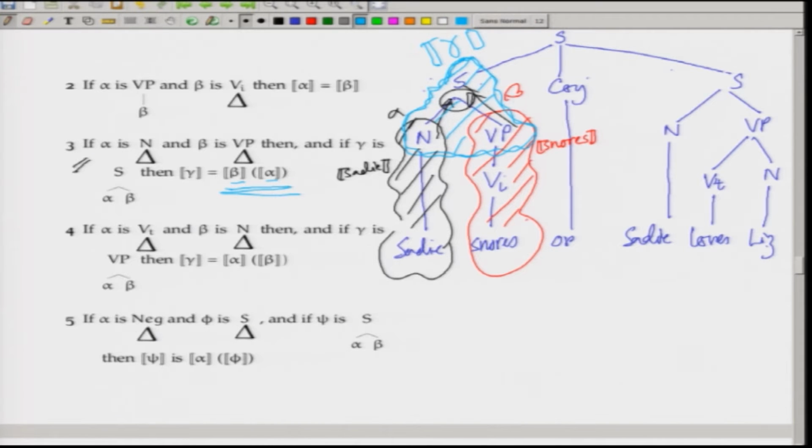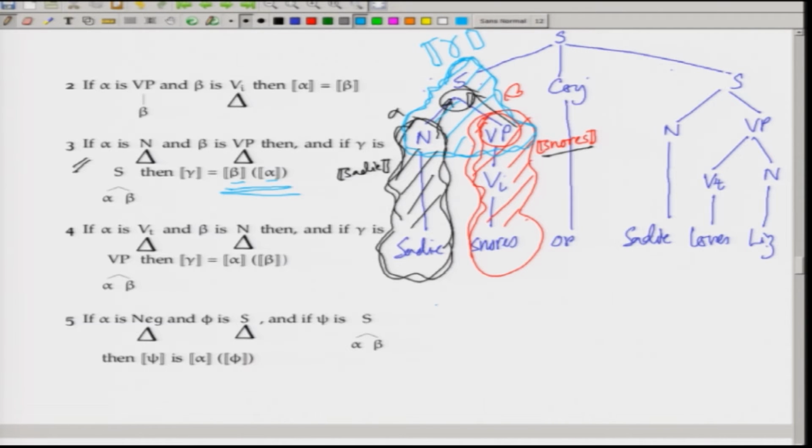This is beta. We remember that this entire thing is beta, and this is alpha, right? And what is the denotation of beta? It is actually this. So what is the denotation of gamma, which is the entire thing?